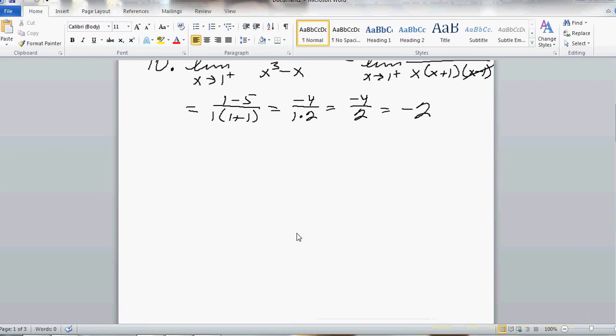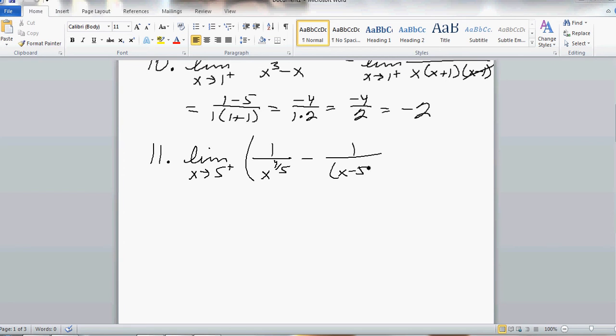And the final example for this video is example number 11. The limit as x approaches 5 from the right of 1 over x to the 4/5 minus 1 over the quantity x minus 5 raised to the 2/5.